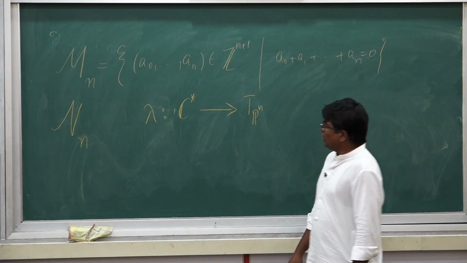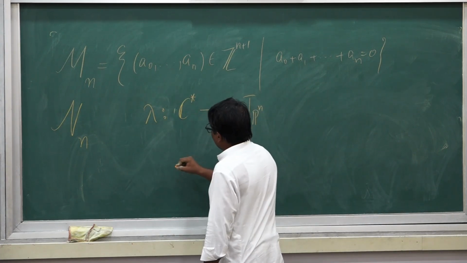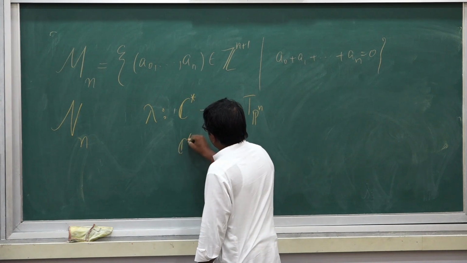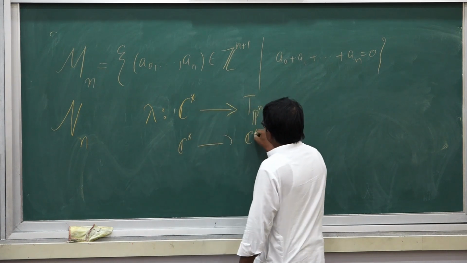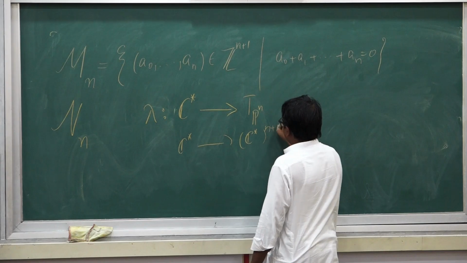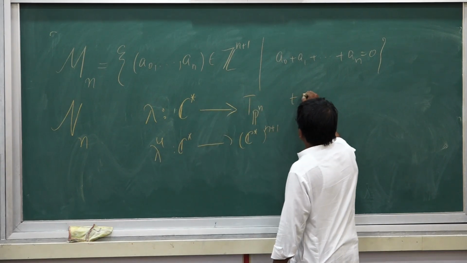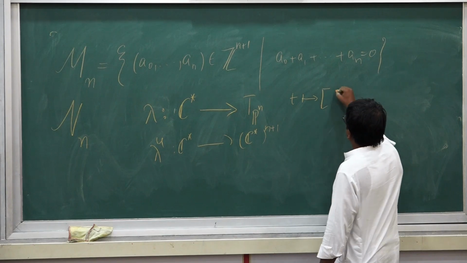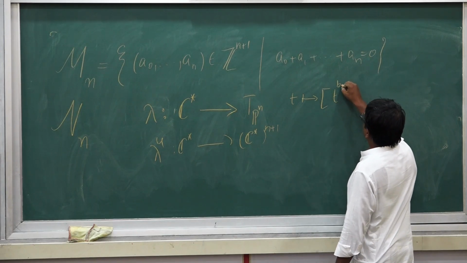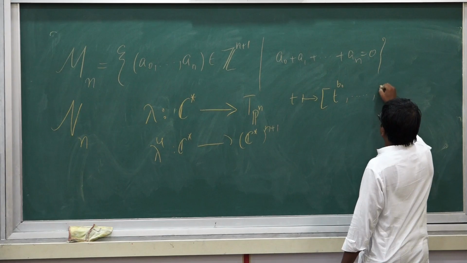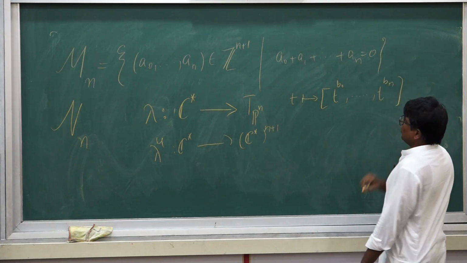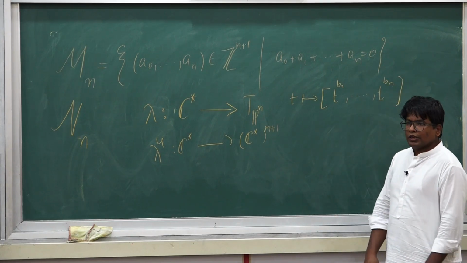And that again I can create corresponding to a C star from here to C star of n plus 1, a lambda u. So what I do is I take a T and I send it to T power B naught up to T power Bn. So I can send it here.